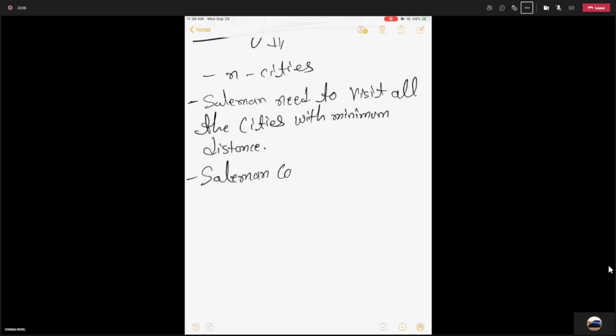The salesman cannot repeat any of the cities. It means you cannot generate subtours.